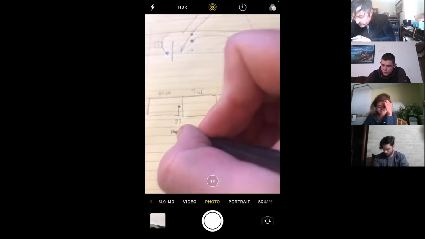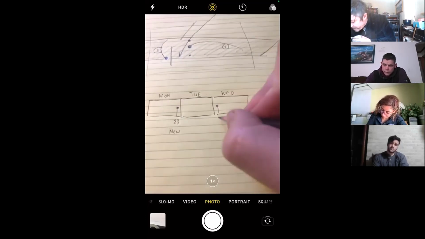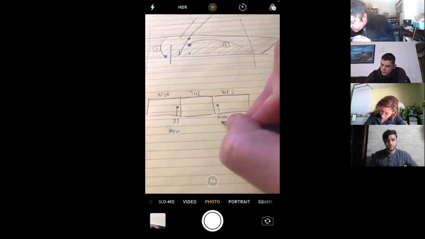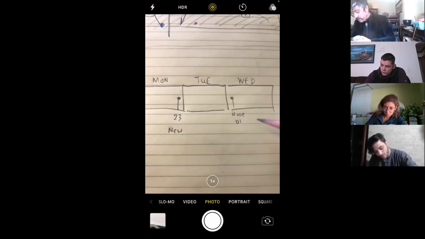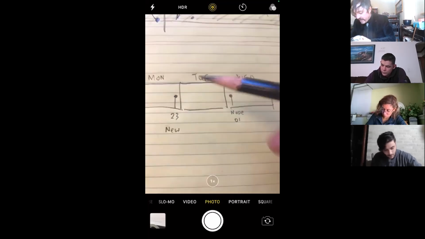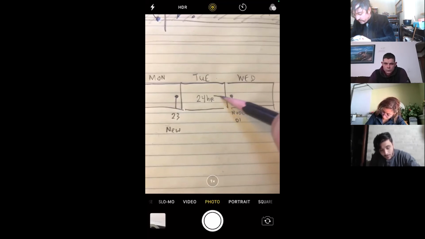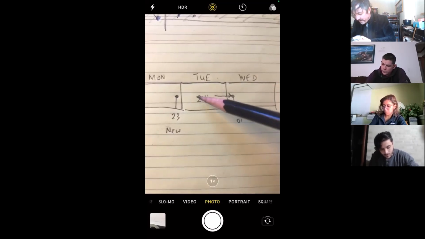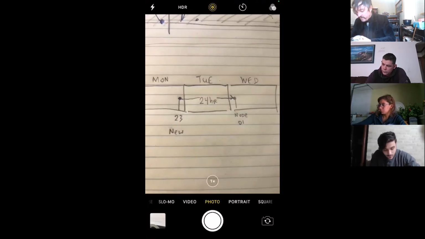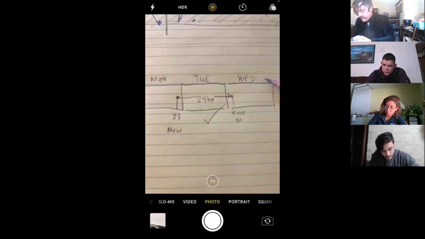So that could be my new moon. And I could have a node on Wednesday, which occurred at 100 hours, or 1 o'clock. In that case, they would be separated by Tuesday, which is 24 hours, plus 1 hour into Wednesday is 25, and 1 hour in Monday is 26. So this would actually constitute an eclipse, even though the dates were actually two days apart.